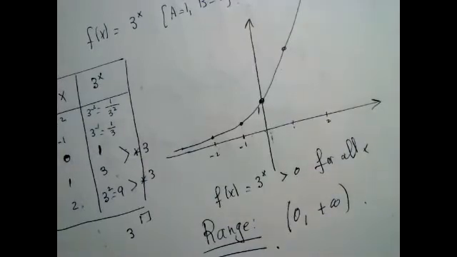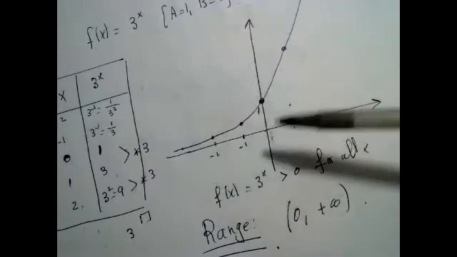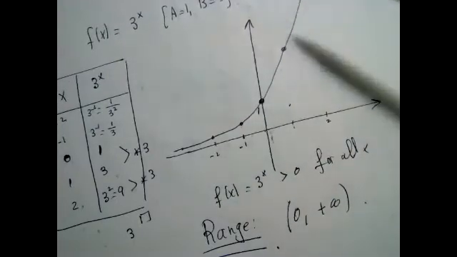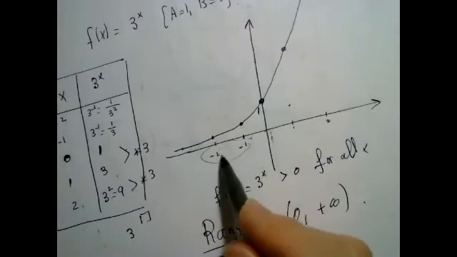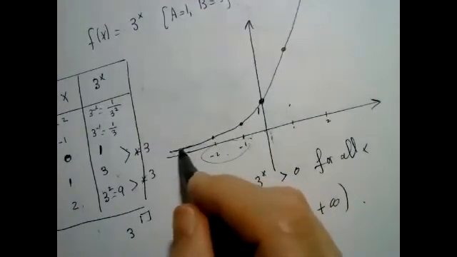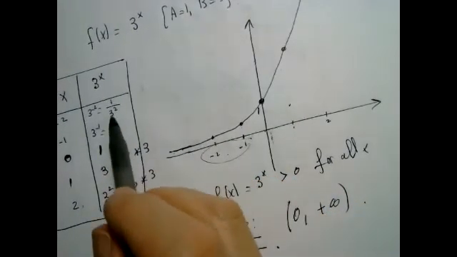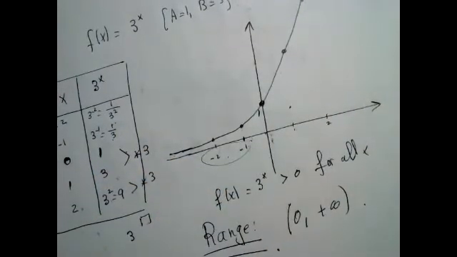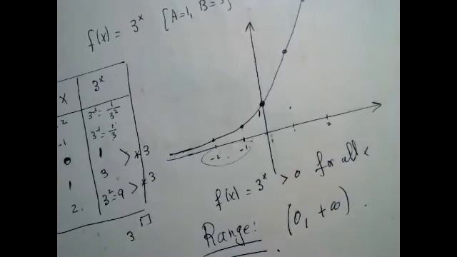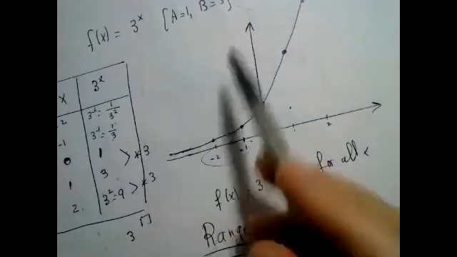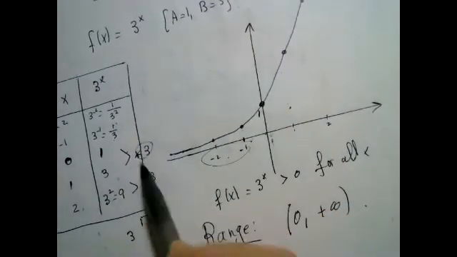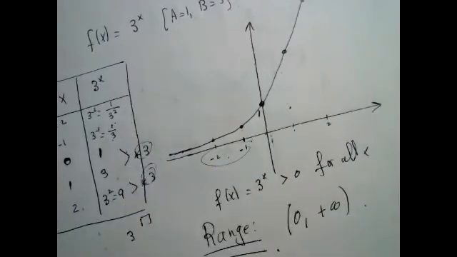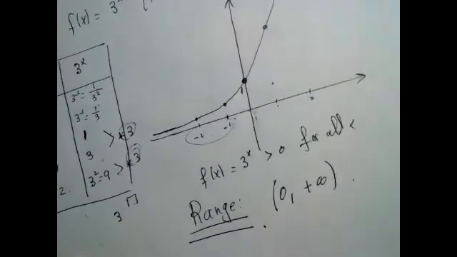So 3 to the x is a function which is always positive. When x takes a negative value, it takes very small values, 1/3, 1 over 9, 1 over 27, and then it increases all the way. So that's the graph of 3 to the x. And it's increasing in this case because every time you're multiplying by 3, by 3, by 3, so it's increasing and increasing.